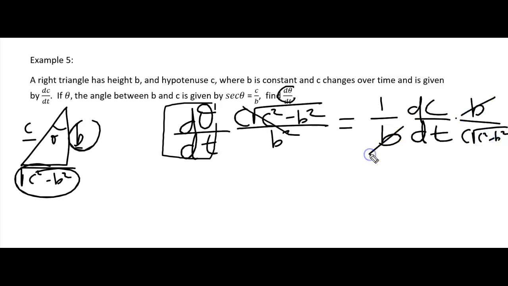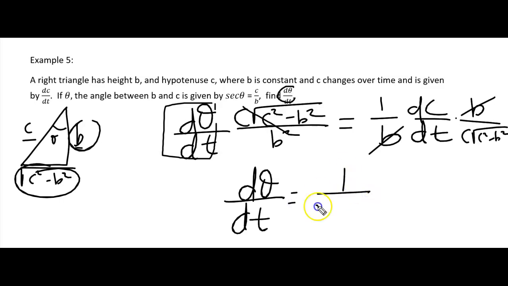The b's cancel, and here's my final answer. We end up with 1 over c square root c squared minus b squared dc dt, and that's it.